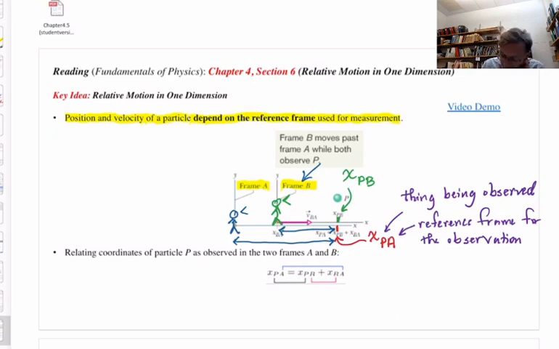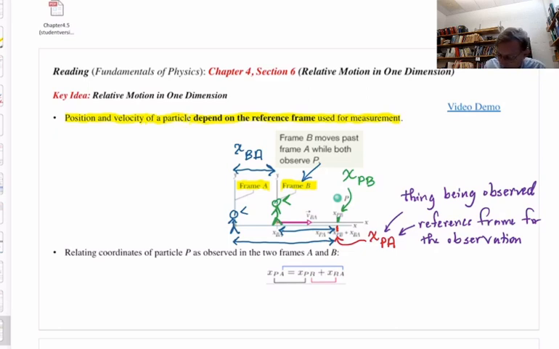Now let me add one more distance right there. That's the distance between the origins of the two frames. We're going to denote that distance as x BA. What does that mean? It's the x-coordinate of the origin of frame B as observed from frame A. Because in frame A, you can observe frame B as well as the particle. Now, if that's the case, notice something.